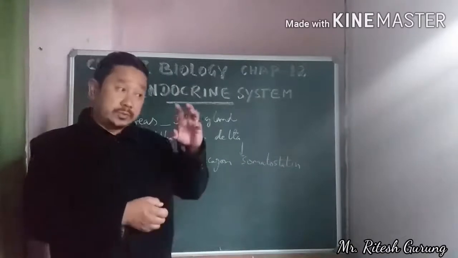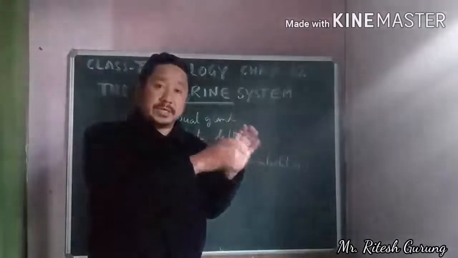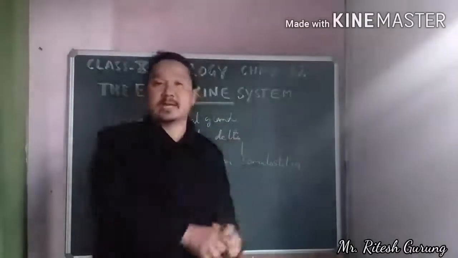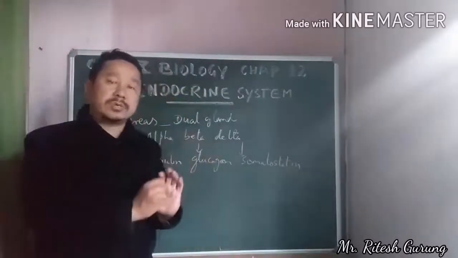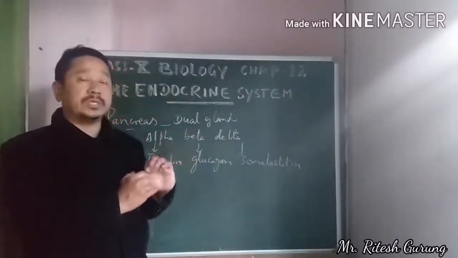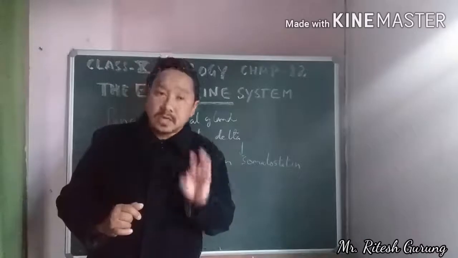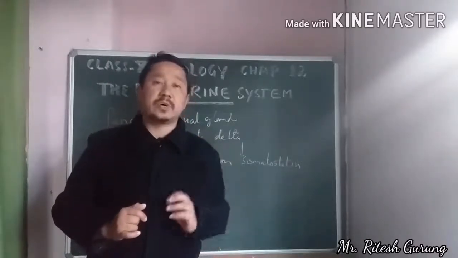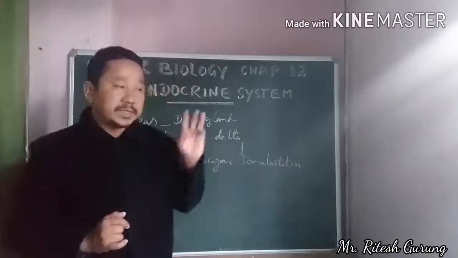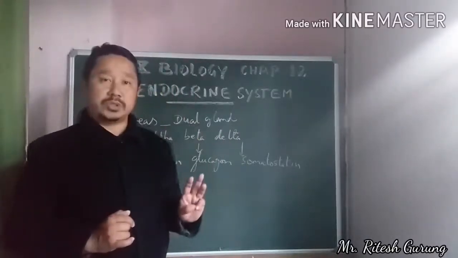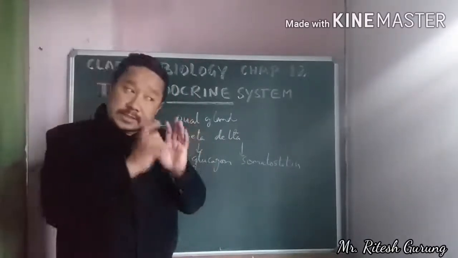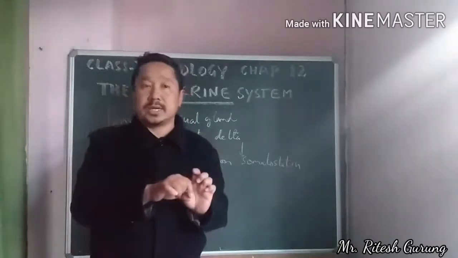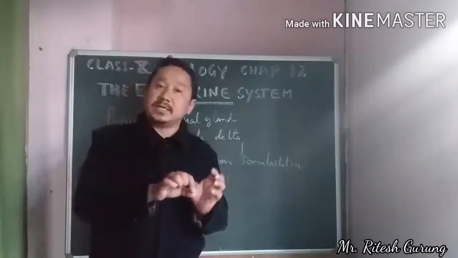So that part is a duct gland, whereas the other part of the pancreas contains a cluster of cells responsible for secreting three different kinds of hormones. So that is regarded to be the endocrine gland, that means a ductless gland.